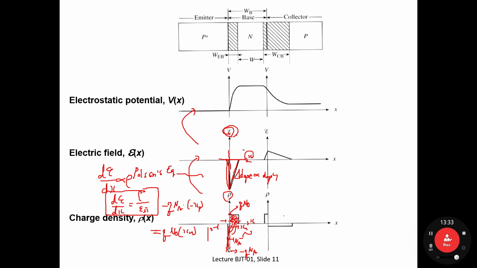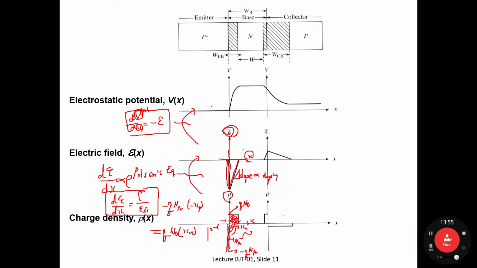From the E versus x plot, your potential can be simply obtained using this mathematical equation. By taking the integration with respect to x, you simply estimate the potential as a function of x.